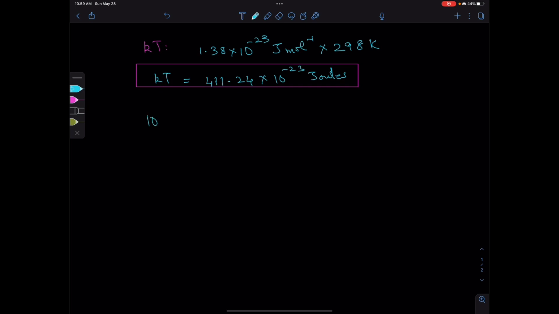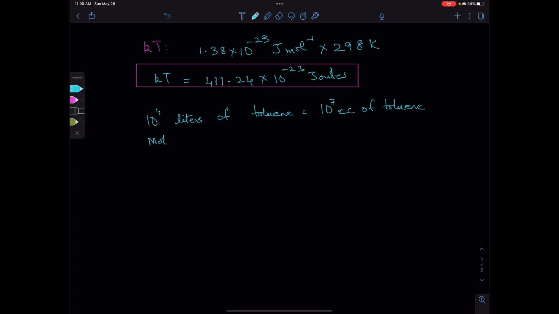So we have 10 to the power 4 liters of toluene, which is 10 to the power 7 milliliters, or 10 to the 7 cubic centimeters of toluene.